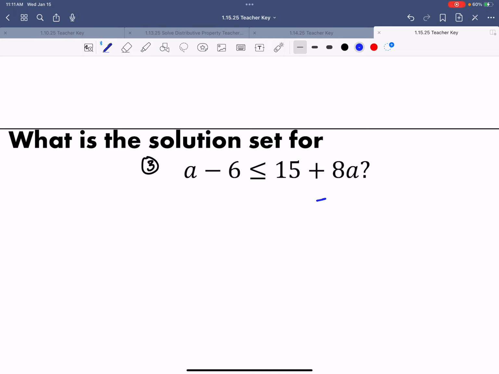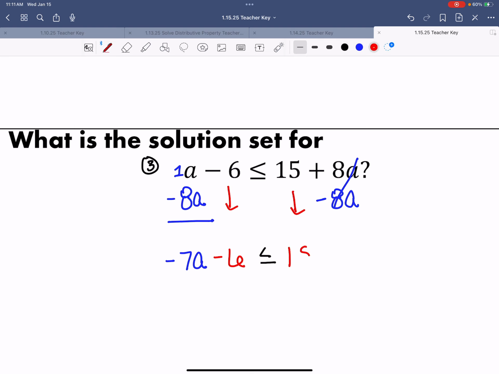Negative is going to be the inverse, and I'm going to do it to both sides. There is an invisible 1 here. 1 minus 8 is going to be a -7a. Then I'm going to bring down everything I don't use. So I bring down my symbol, my -6, and I'm going to bring down the 15, and my 8's canceled out. So that was 3a.